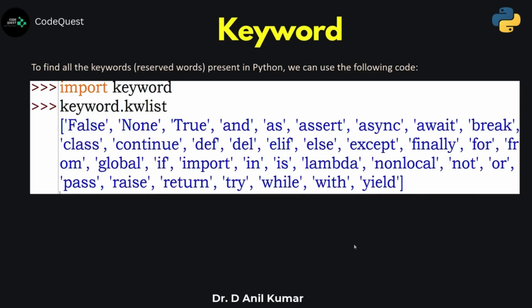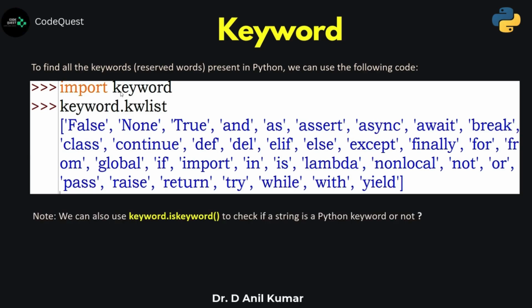Now how can I find out whether a particular word is a keyword or not? To test whether a particular word or a string is a keyword or not, we have a predefined function inside the same module, that is keyword, and the name of the function is iskeyword. This function is going to verify whether a particular string is a keyword or not, and it will return a boolean value, I mean True or False.